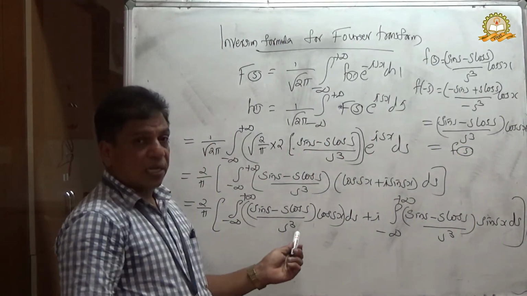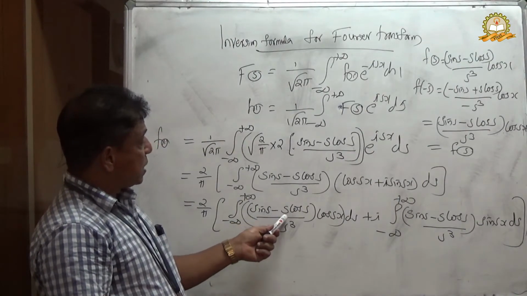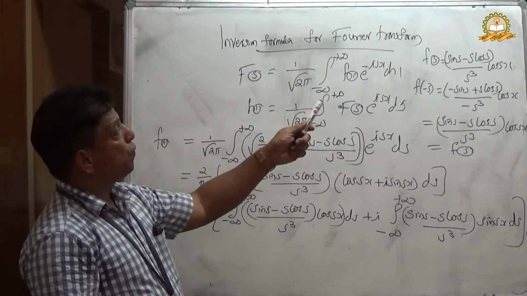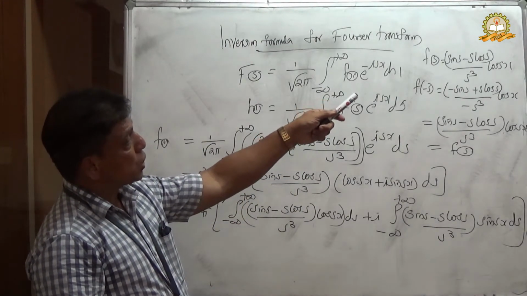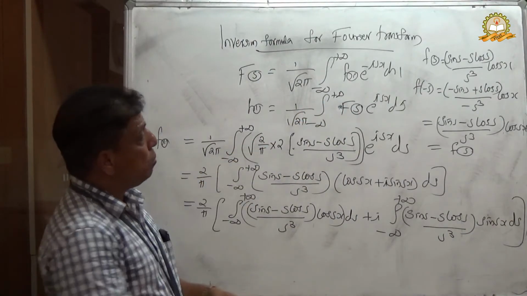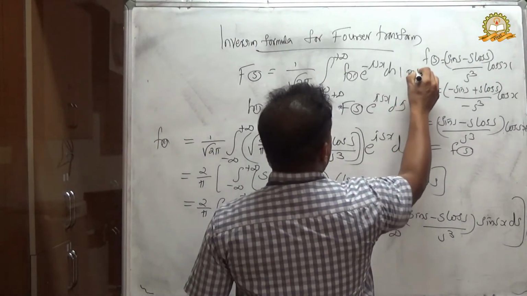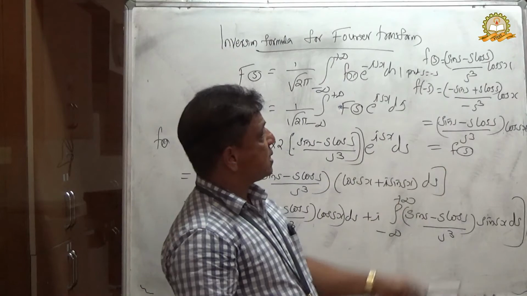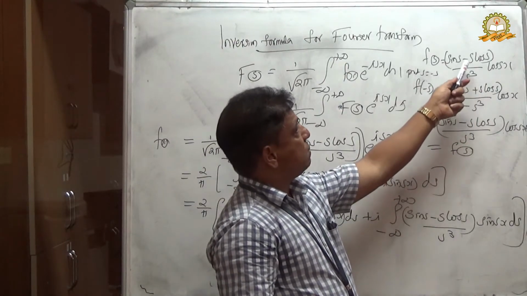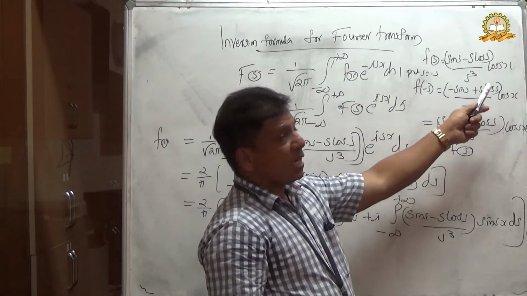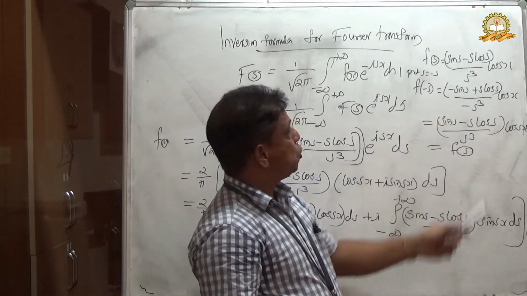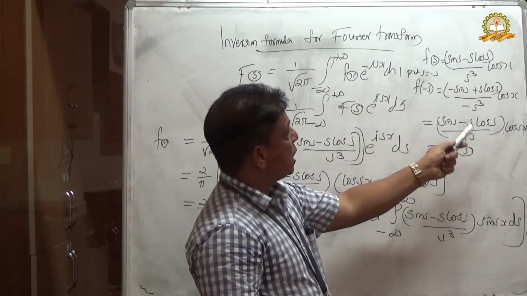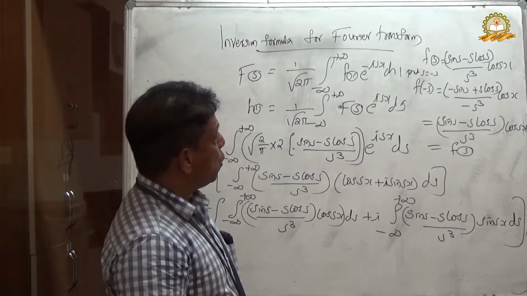Here we check whether sin s minus s cos s by s cube into cos sx is either odd or even. When we put s equal to minus s in f of s, there will be no change.